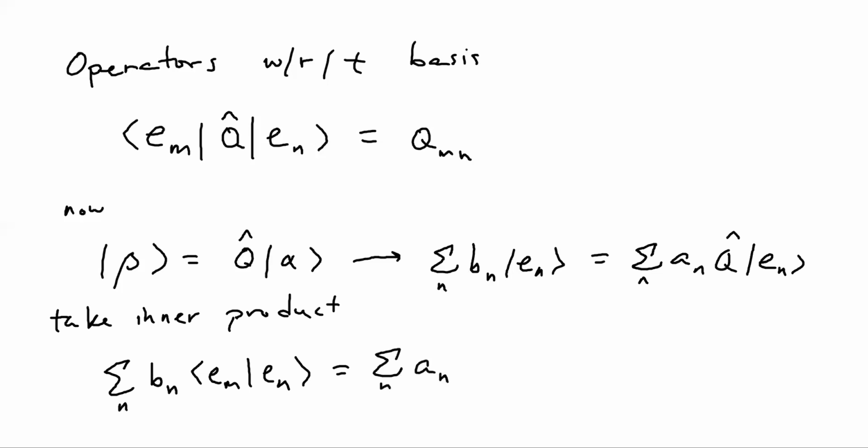Again, a sub n is just a number. It's just our coefficient there for each of our basis. And we're going to have this going on. So in that case, the thing on the left, as long as we have a basis that's orthogonal and orthonormal, which we should, that is going to cancel out for everything except where m equals n. So in this case, we've just got b m.